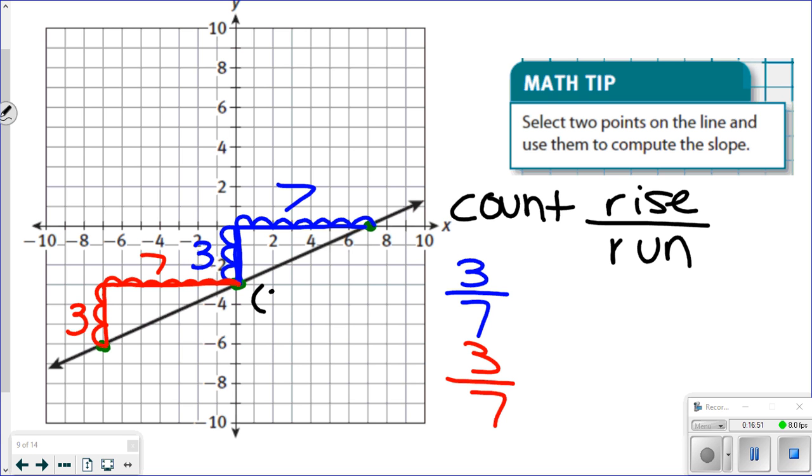This ordered pair is 0, -3, because we're going to use that later on. This ordered pair over here is 7, 0. So write down in your book 0, -3, and 7, 0.